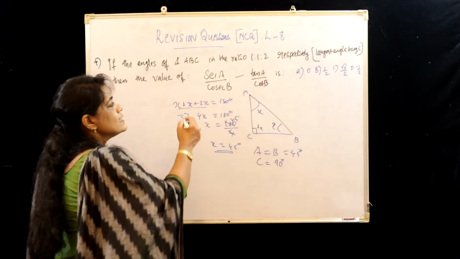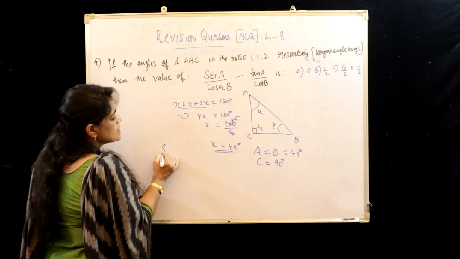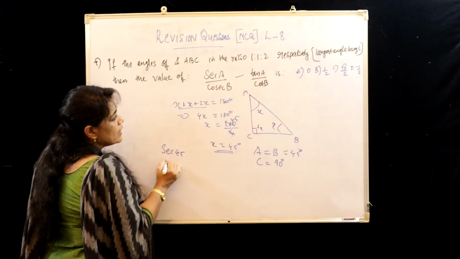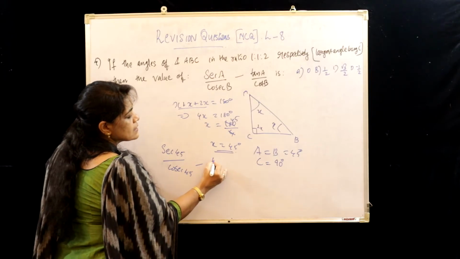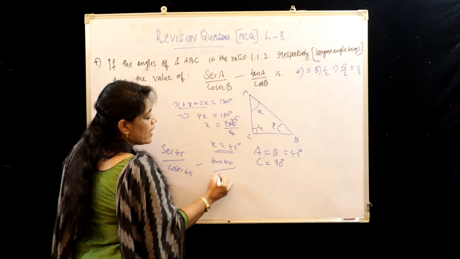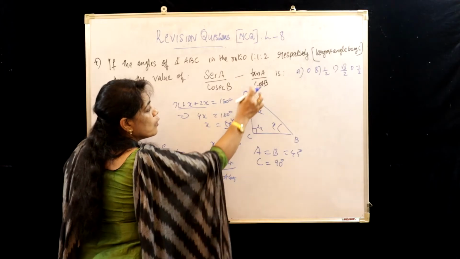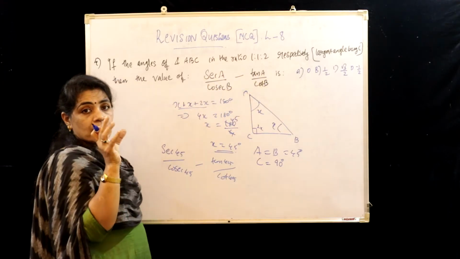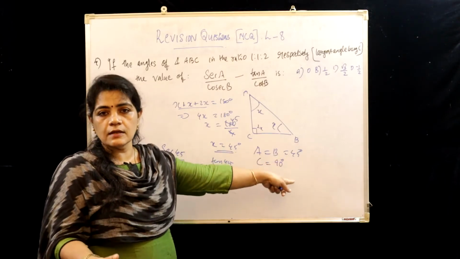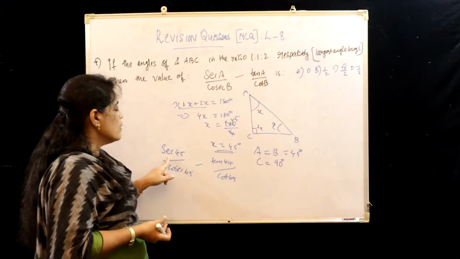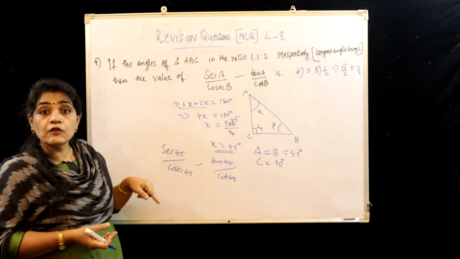So sec A now becomes sec 45 divided by cosec 45 minus tan 45 over cot 45. All these ratios, whether the angle is A or B, we have seen that angle A and angle B are the same, so 45. Now we are going to substitute the value of sec 45.